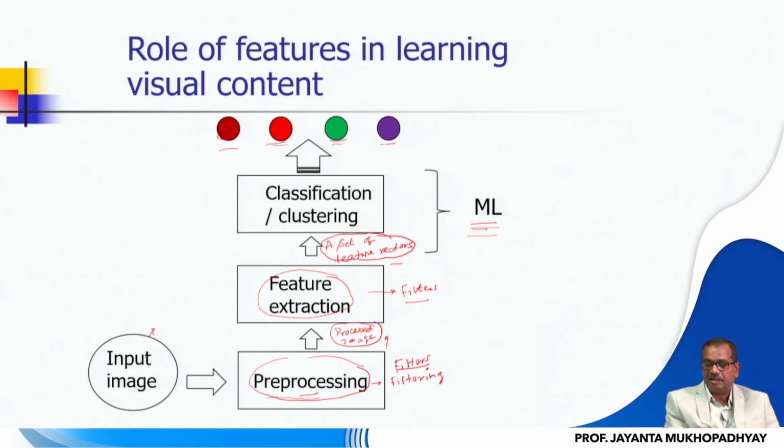And there are these machine learning techniques, like you can use support vector machines, you can use various Bayesian classification approaches, decision trees. There are different kinds of learning paradigms by which you can design these classifiers, or different clustering techniques by which you can find out those groups.